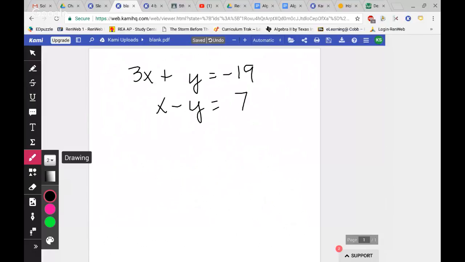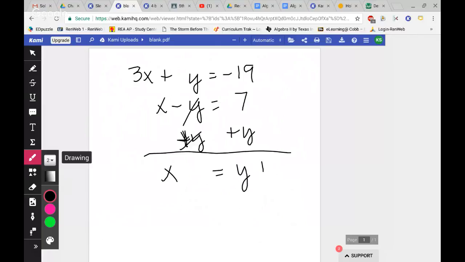You would add the y to both sides. Okay. Sounds like a plan to me. Okay. So now I've got x equals y plus 7. So that tells me wherever there's an x, I have to substitute y plus 7. So how would I substitute that back into that first one? You would do 3 times y plus 7 equals negative 19.